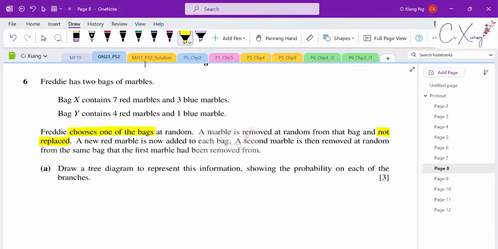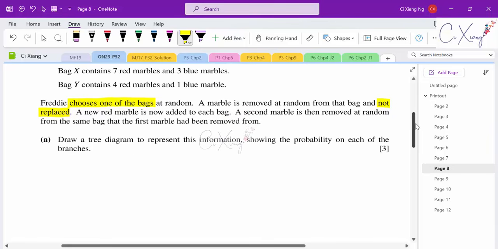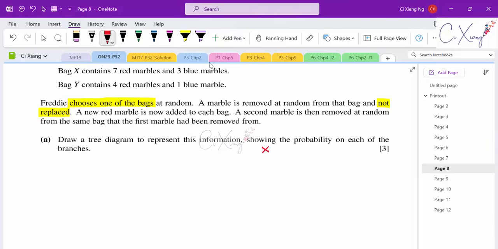So they want us to draw a tree diagram to represent the information, showing the probability on each of the branches. So for this question, we have bag X and bag Y. For bag X, I have 7 red and also 3 blue. For Y, I have 4 red and also 1 blue.